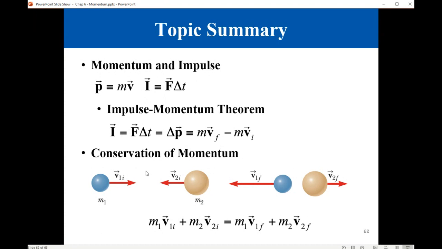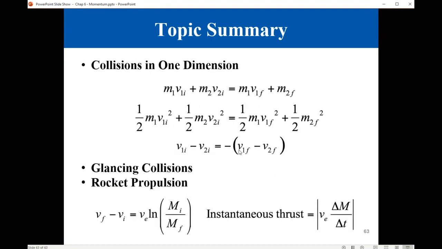Then conservation of momentum is always applied for all kinds of collisions. We have three main types of collisions: elastic, inelastic, and perfectly inelastic. For elastic collisions, momentum and kinetic energy are both conserved.